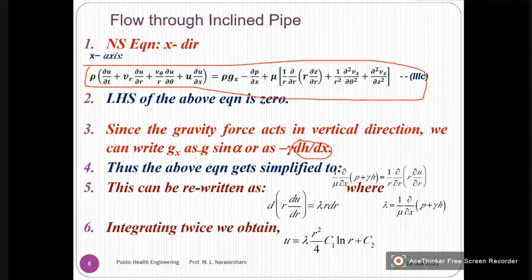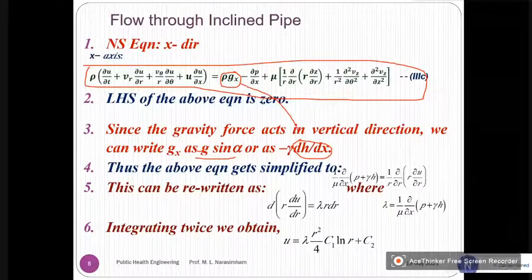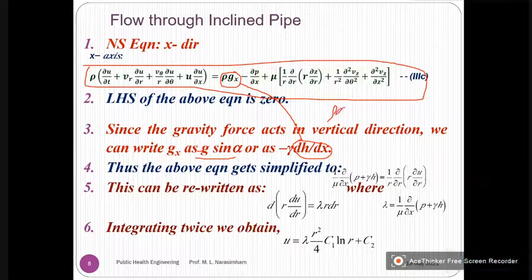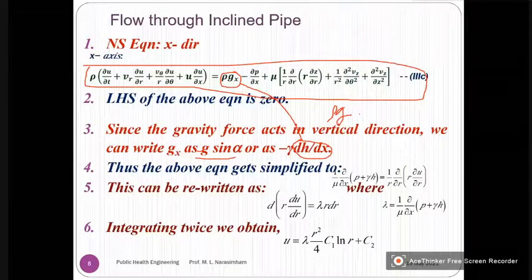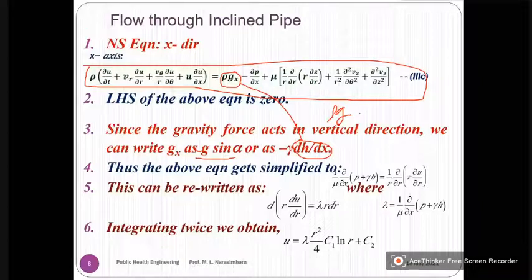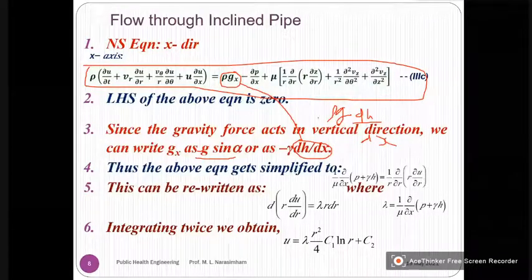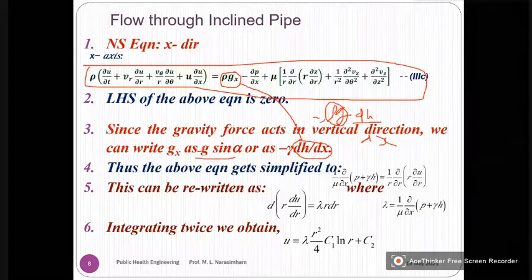This g_x is written as this, and rho g_x will be rho g dH by dx with a minus, and this rho g is replaced by gamma. Followed?